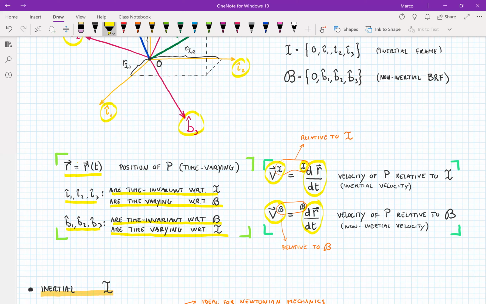So VI and VB are not necessarily the same vector. VI is the so-called inertial velocity, whereas VB is the non-inertial velocity.